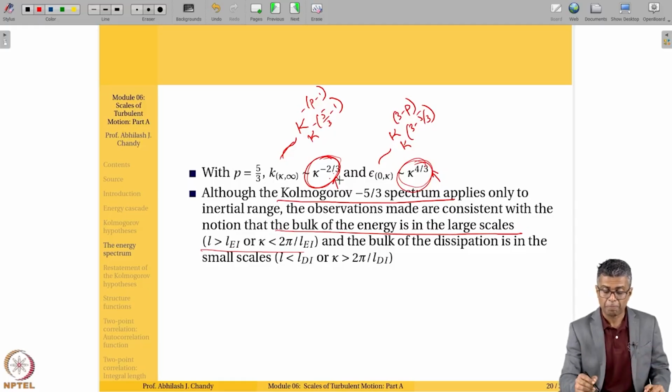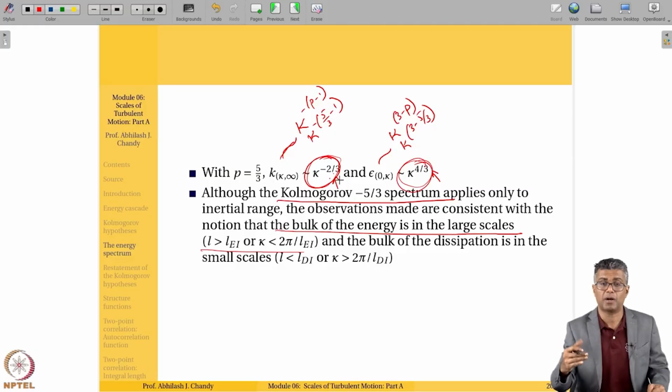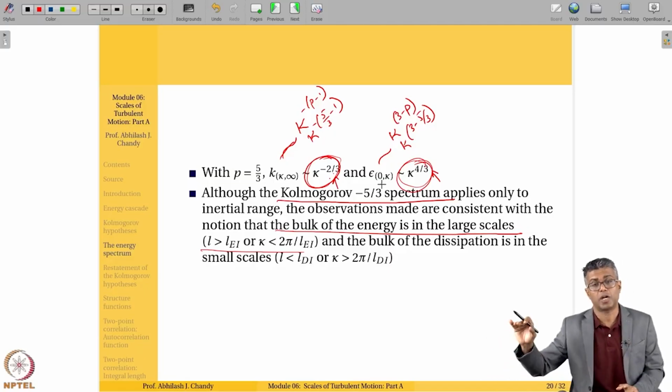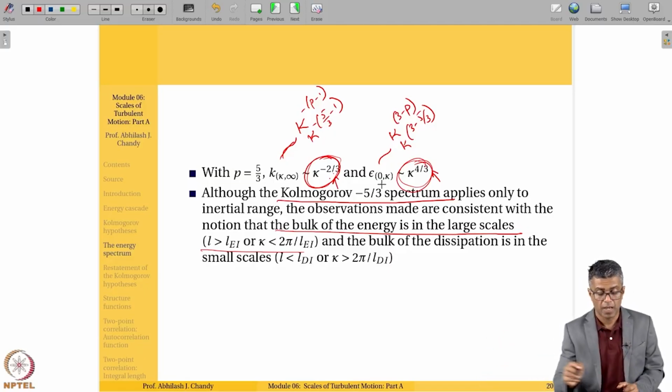The fact that kappa to the 4/3 is becoming a larger and larger number as the wave number is increasing, as I'm going towards the dissipation range, tells me that the dissipation is concentrated in the smaller length scales or the larger wave numbers.